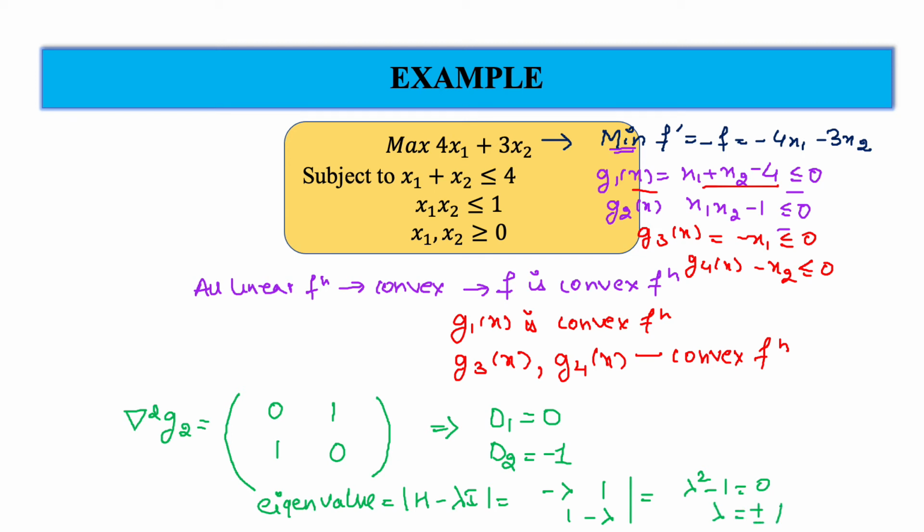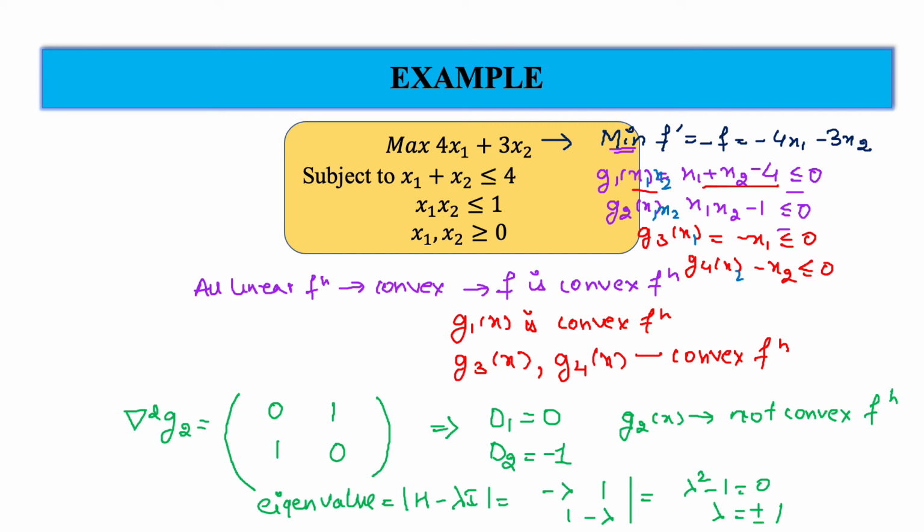So this function is not convex. So my g2 is not a convex function. One thing you should remember, it's for both x1 and x2 everywhere.